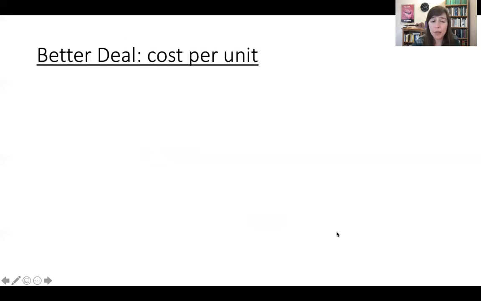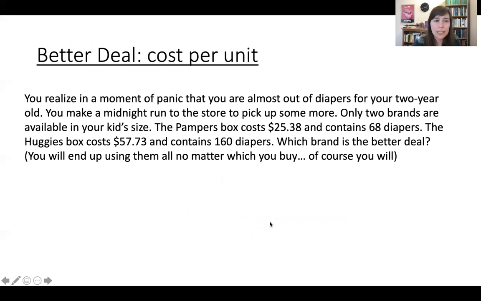Okay, the other application of rates that your book discusses is the idea of finding a better deal, this notion of cost per unit. So let's look at another example, totally random. You realize in a moment of panic that you are almost out of diapers for your 2-year-old.